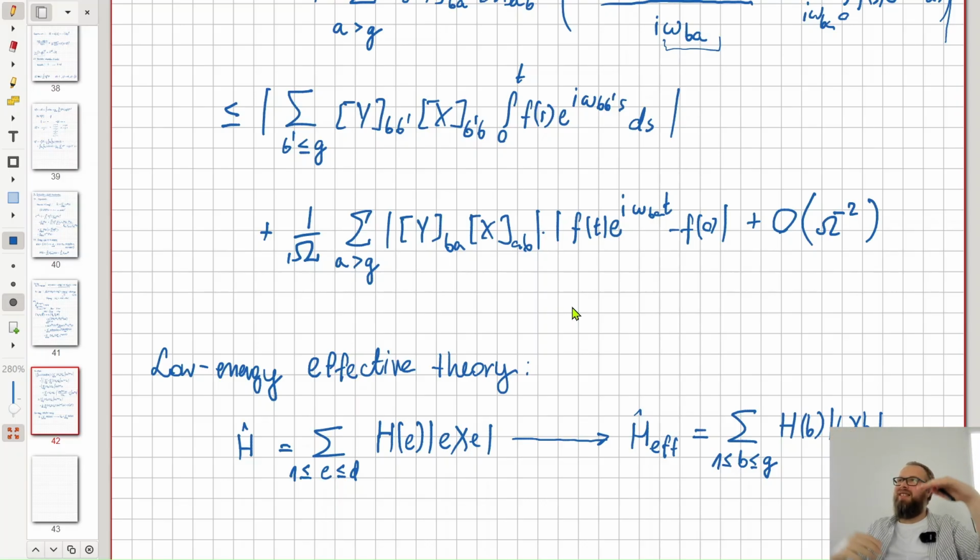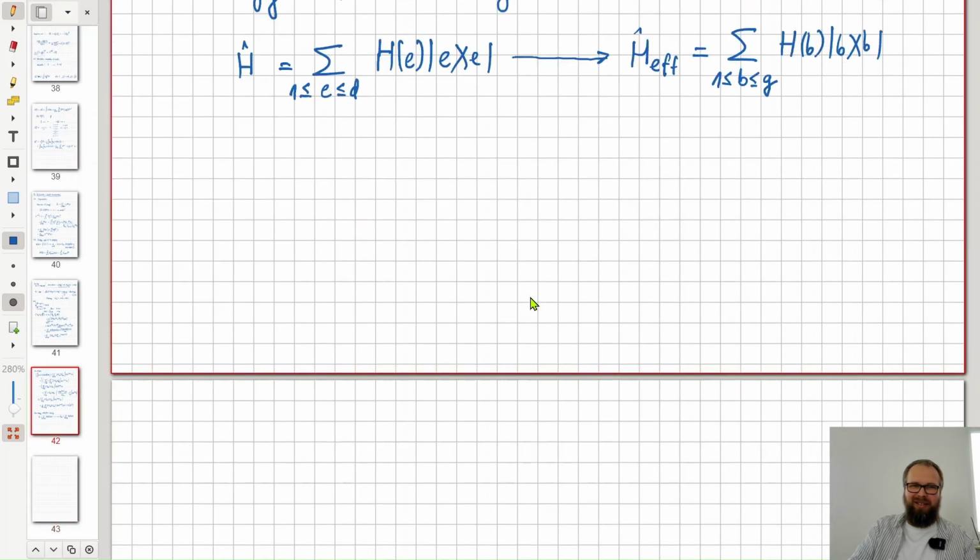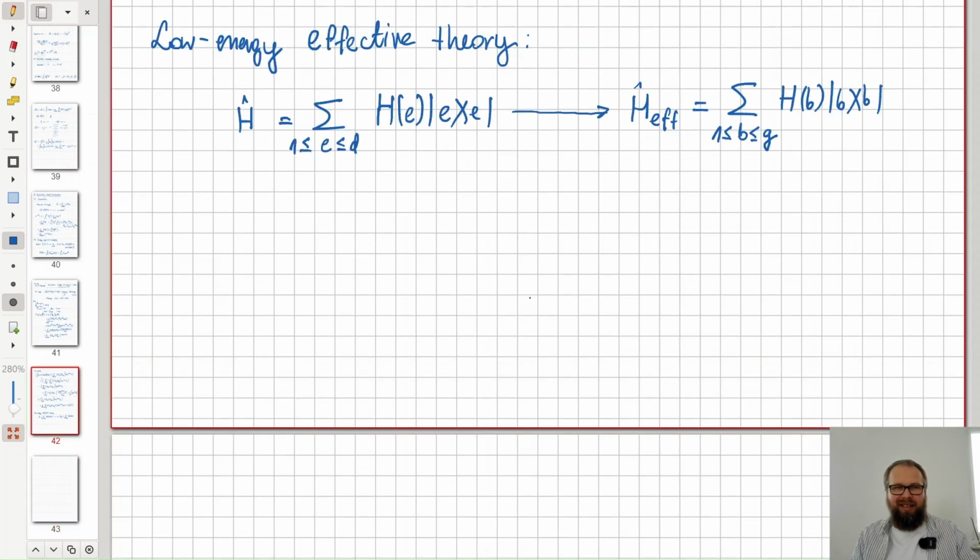So let's say we have block 1, block 2 and block 3, all separated.